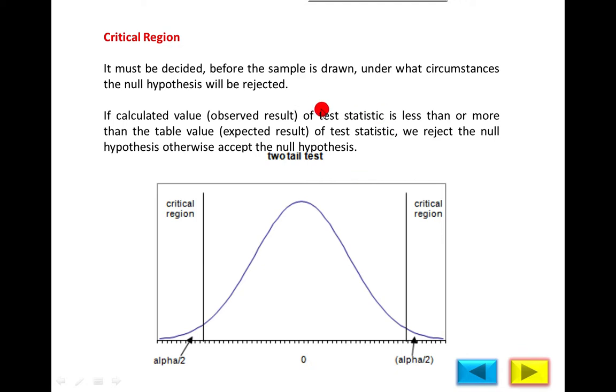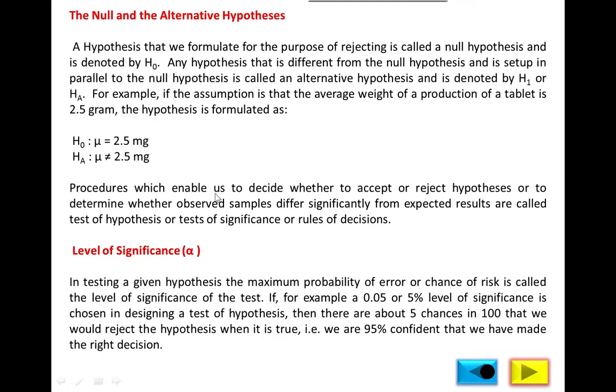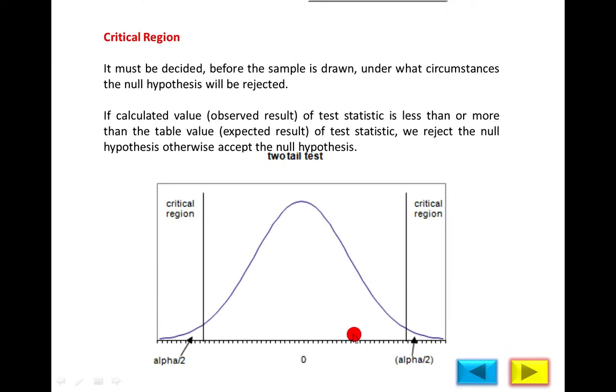If the calculated value lies in this region or in this region, we reject the null hypothesis. If we accept the null hypothesis, the population mean mu will be equal to 2.5. If it lies in the rejected region, mu will be not equal to 2.5. So this is the sketch.